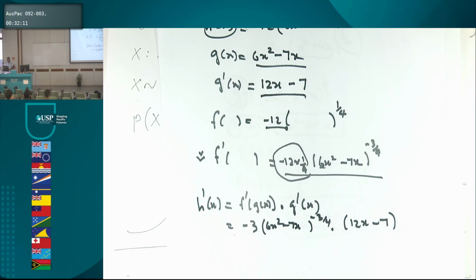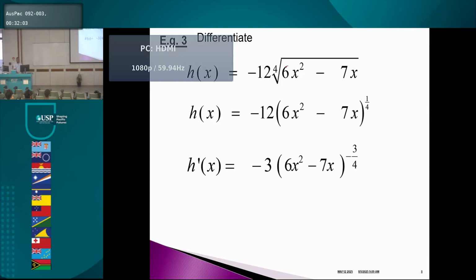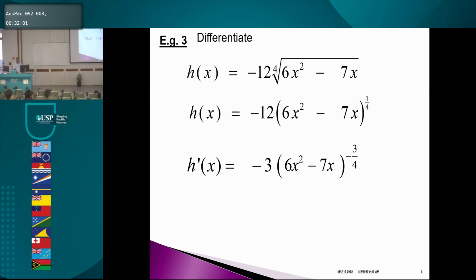And then you can rearrange. There. Multiply by, so remember how we got this negative 3? Where did we get the negative 3 from? We multiplied negative 12 with the original function since we differentiated the outer, and then multiply this by g dash.